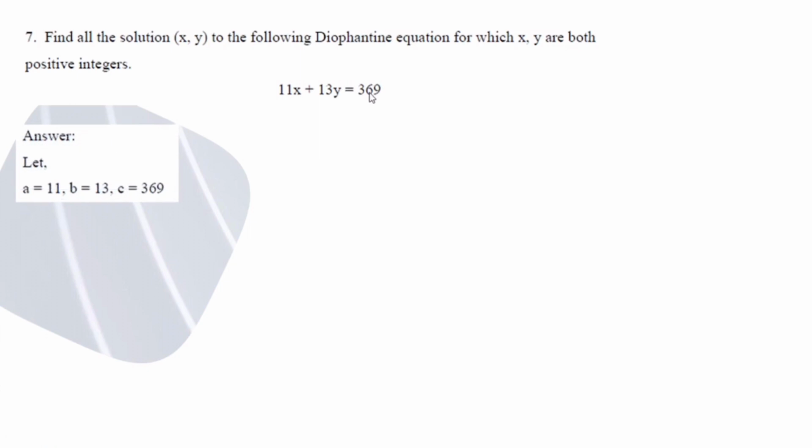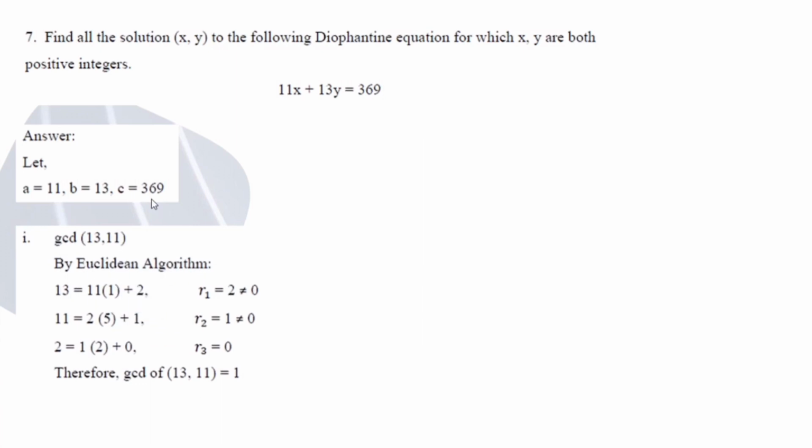Now, for the very first step, we let a equal 11, b equal 13, and c equal 369. As for the very first step, we need to know the GCD of 13 and 11.